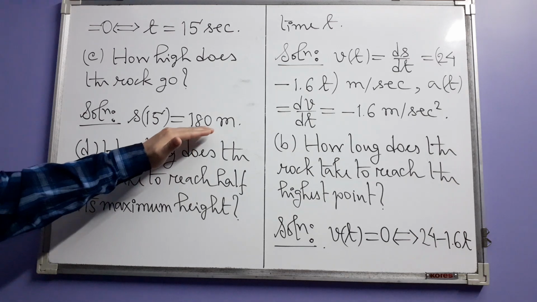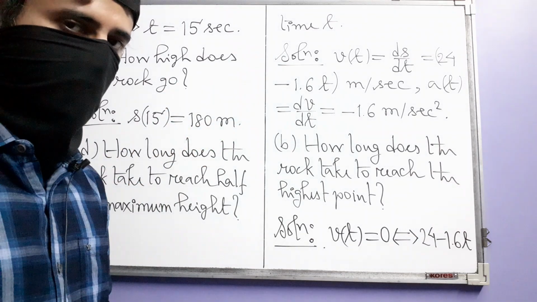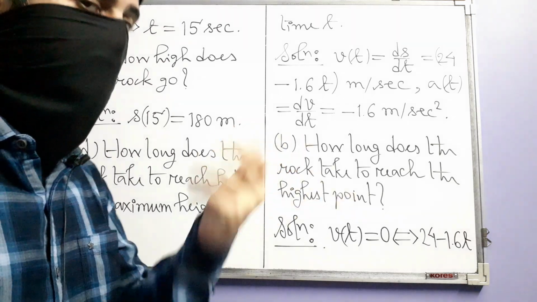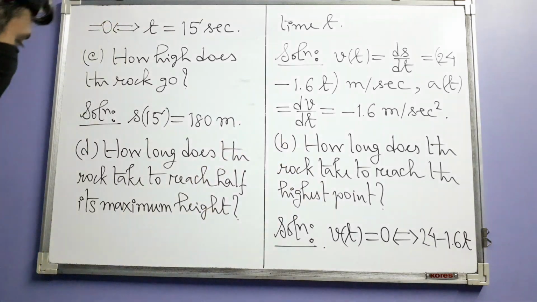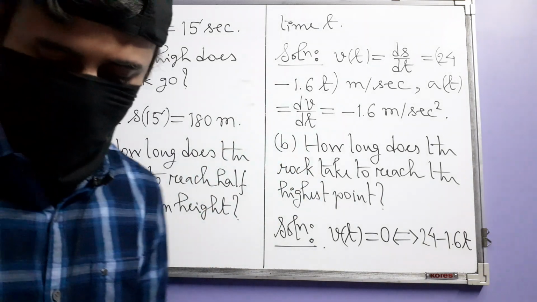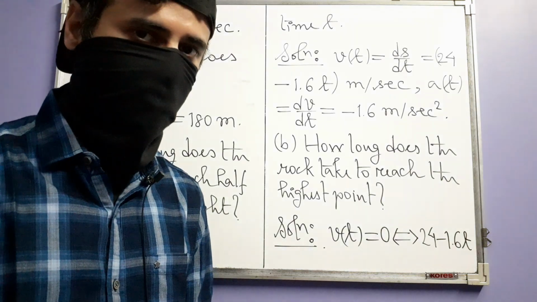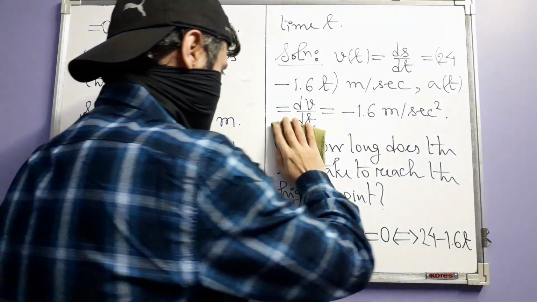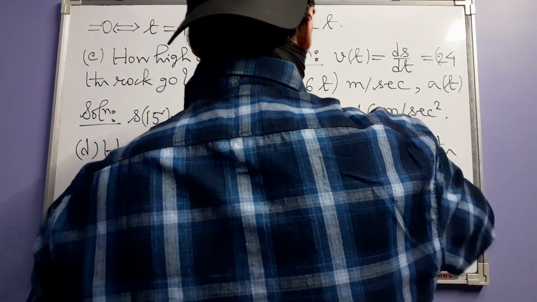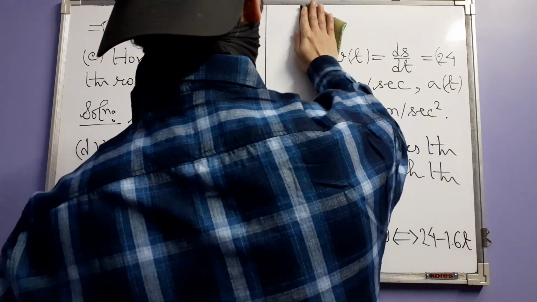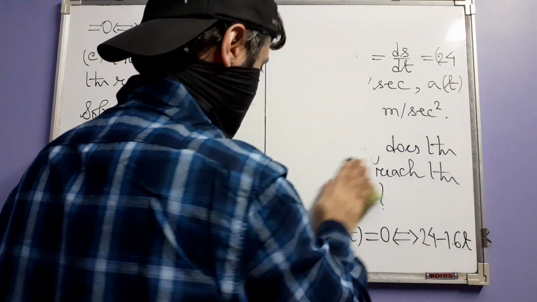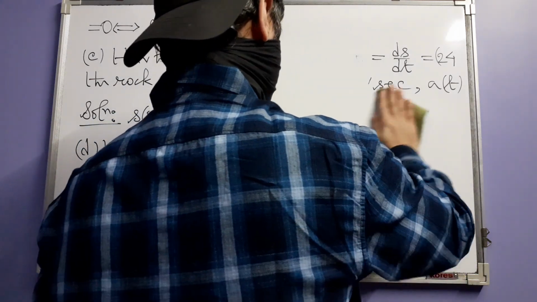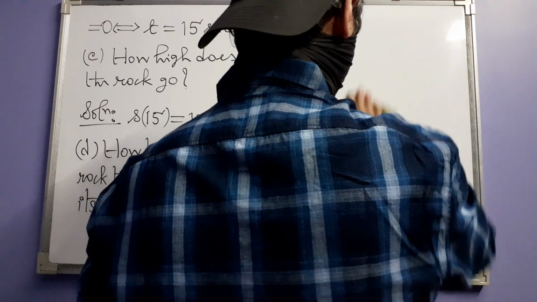Okay, so the maximum height is 180 meter. How long does the rock take to reach a height of 90 meter? So that means again we have to calculate the time instant when that height is reached. Now if you again consider how the rock is moving, it first goes up and then again it comes down.